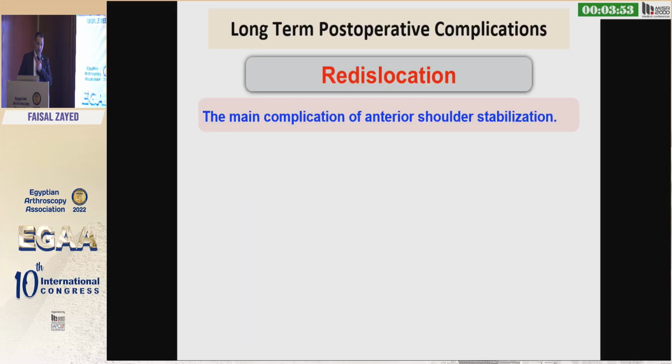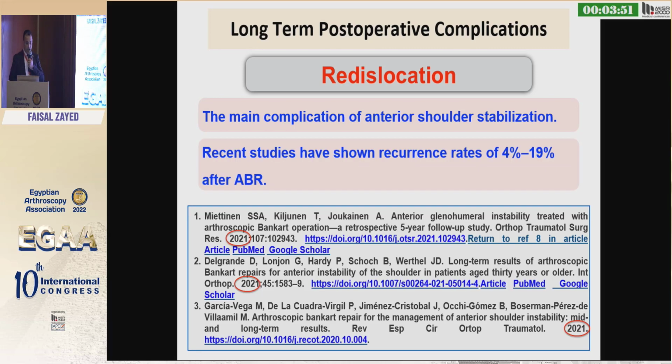Regarding redislocation, it is the main complication after anterior shoulder stabilization. Recent studies have shown a recurrence rate ranging between 5 to 19% after arthroscopic Bankart repair.